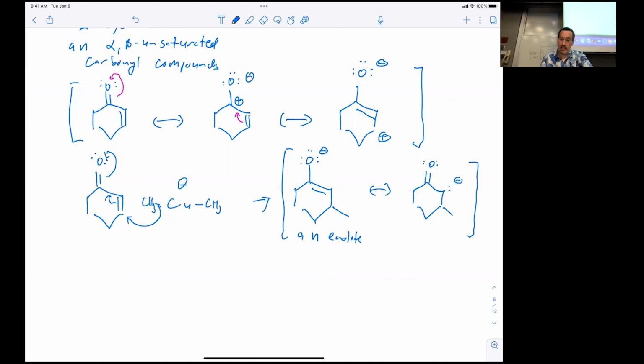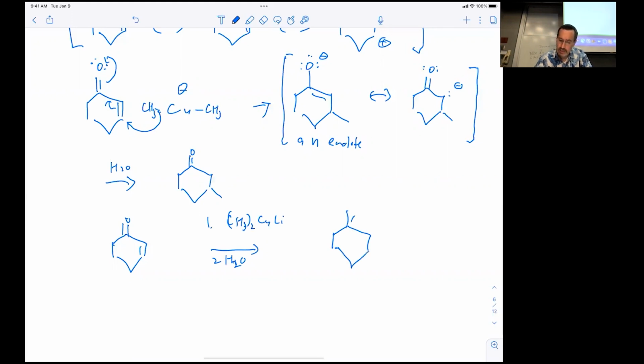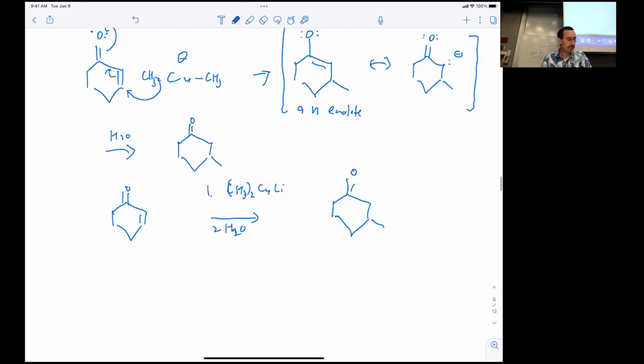And that helps us explain how when we treat our product of addition with water, we now protonate the alpha position. And so putting all of this together the way a synthetic organic chemist would, taking 2-cyclohexenone and first treating it with lithium dimethyl cuprate, and then treating that with water gives rise to conjugate addition of a methyl group.